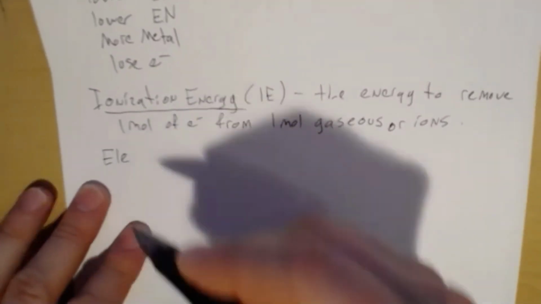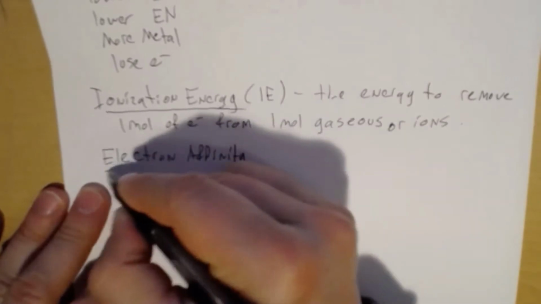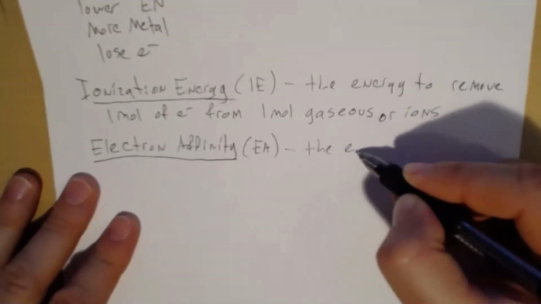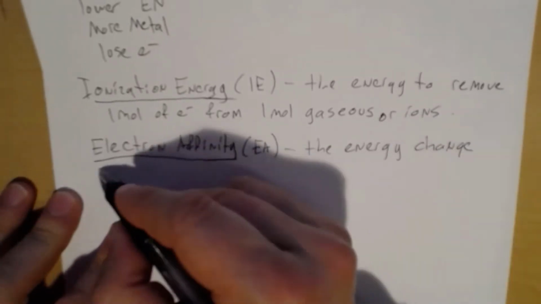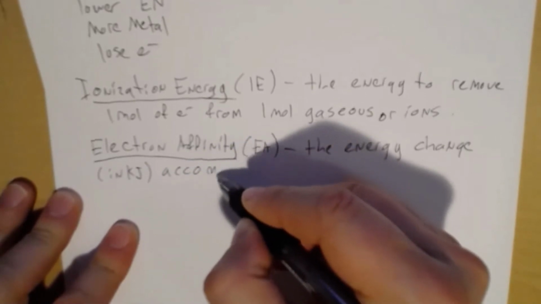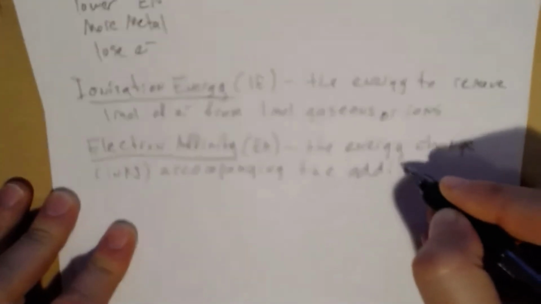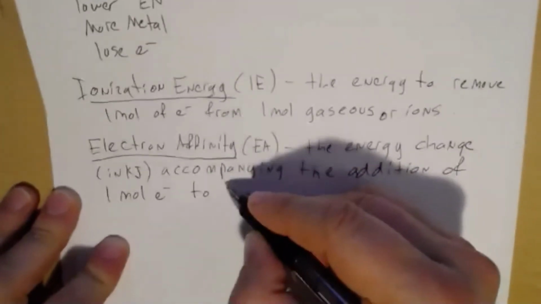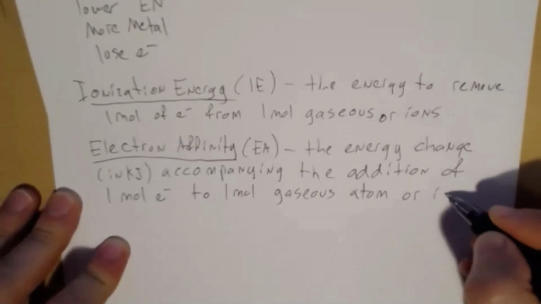The electron affinity, EA, is the energy change, and this should be said in kilojoules, accompanying the addition of 1 mole of electrons to 1 mole of gaseous atoms or ions.